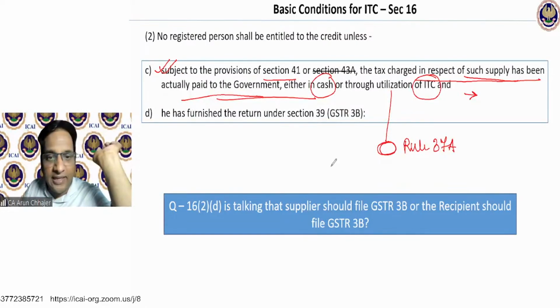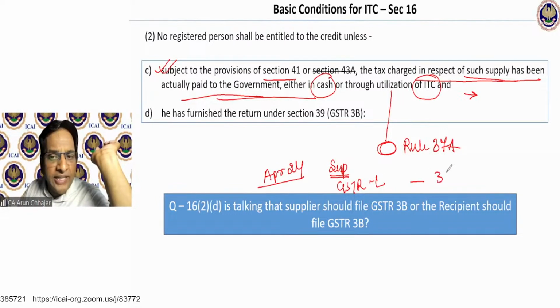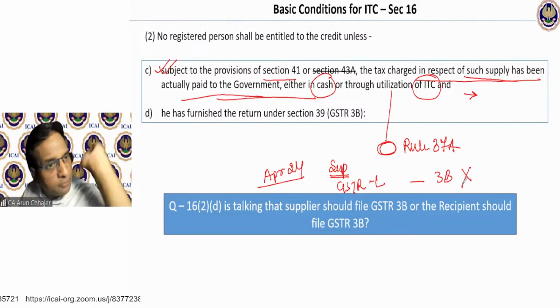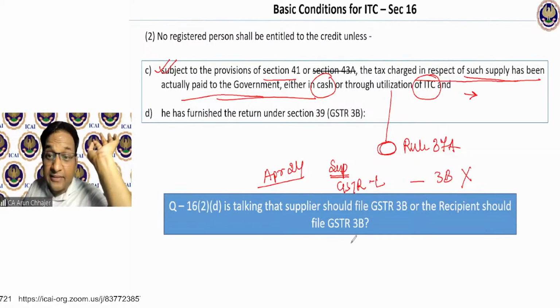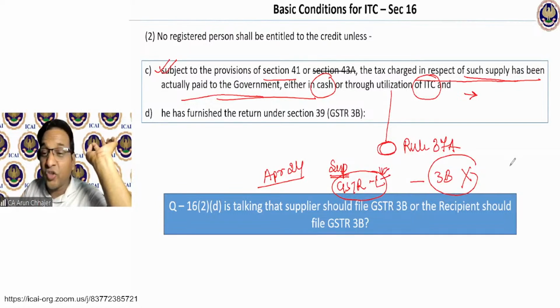See, let's say the supplier filed the GSTR1, for example, for the month of April 2024, and the corresponding 3B is not furnished at all. Can't I say that there is a majority chance that whatever supply this supplier has reported in R1, he has not paid the taxes?